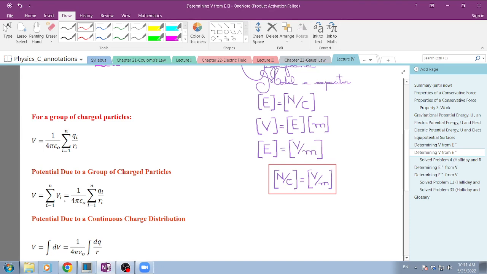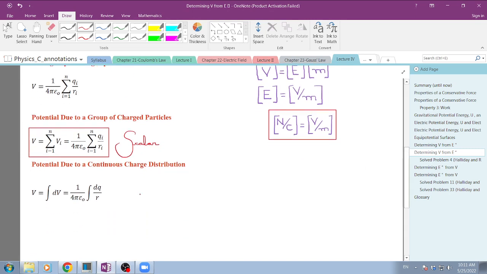That gives us similar expressions to what we found before. Just sum it up. And since this is a scalar, this is way easier than what we did for the electric field. This is closer to what we did with the electric flux.